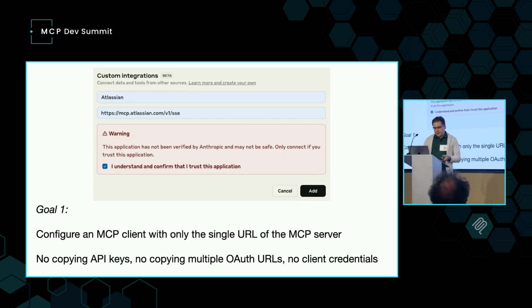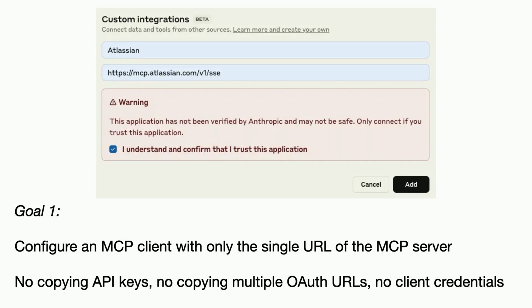A couple of things that I want to point out that are somewhat unique to MCP's use of OAuth, starting with the goals for why these were here. One of the goals was to be able to configure an MCP client by giving it only the URL of the server. Normally when you configure OAuth clients, if you're talking about setting up like a sign in with Google button or whatever, there's a bunch of URLs and things you have to find, like the different OAuth endpoints.